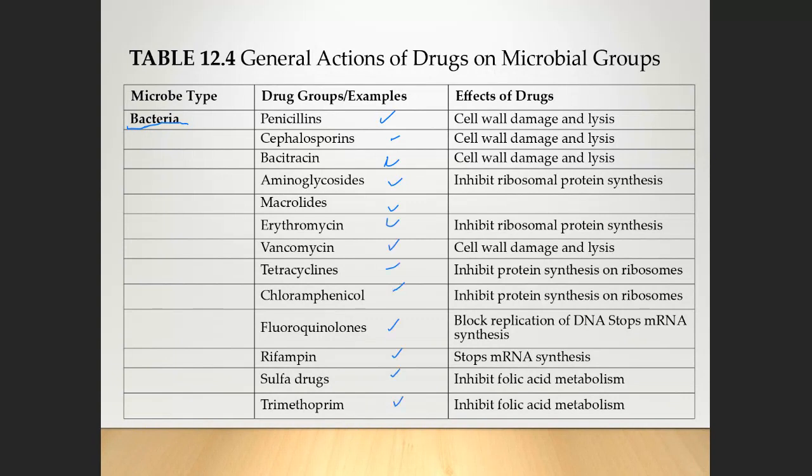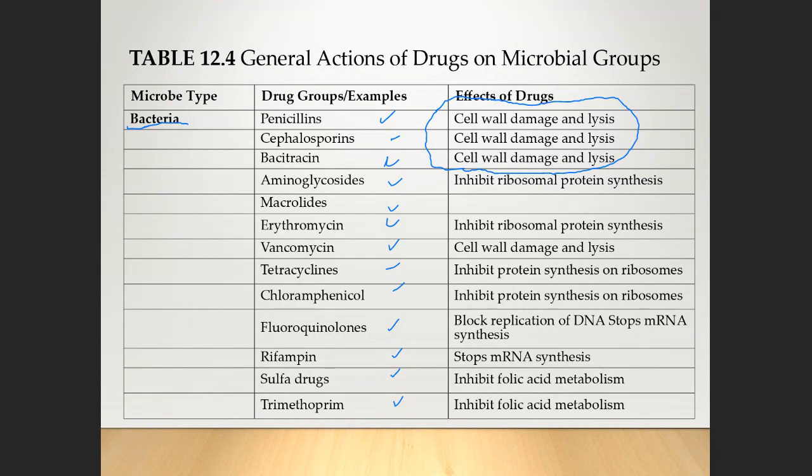And then from here, you can also see the target for each of these drugs, like penicillin, cephalosporin, bacitracin, aminoglycoside, for example. The bacitracin over here, they all have the same target, which is the cell wall.